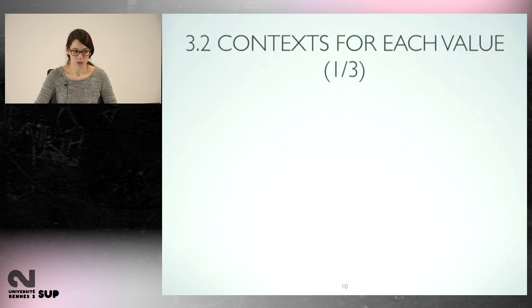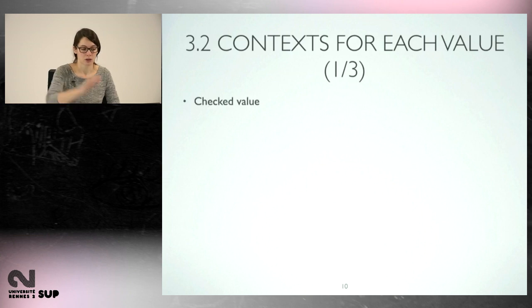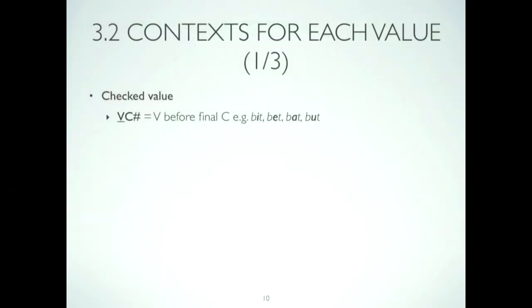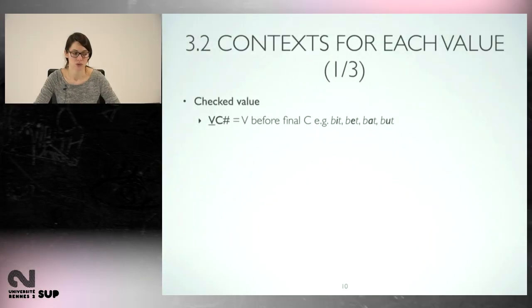The checked value occurs in two main contexts. First type of context is a context that is called VC hash sign, if you like. So let me tell you what that means exactly. It is indicated on the side.